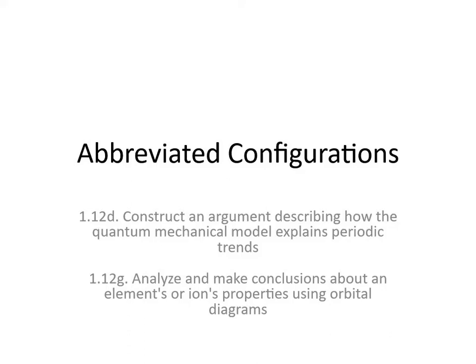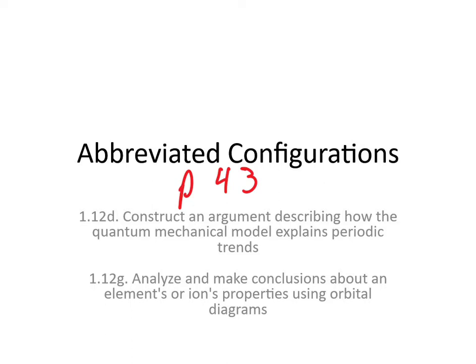So you guys have abbreviated configurations, page 43. Page 43, and you've got 1.12d, which was construct an argument based on the quantum mechanical model that explains periodic trends.